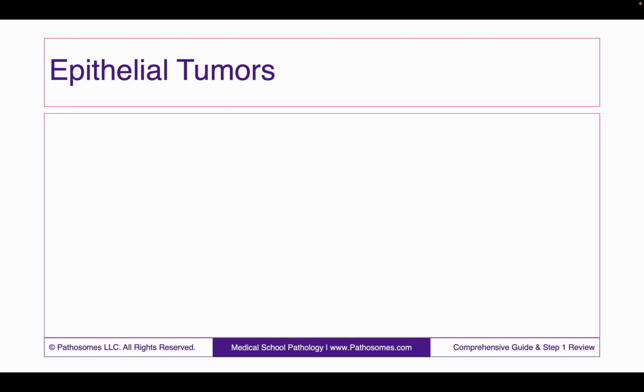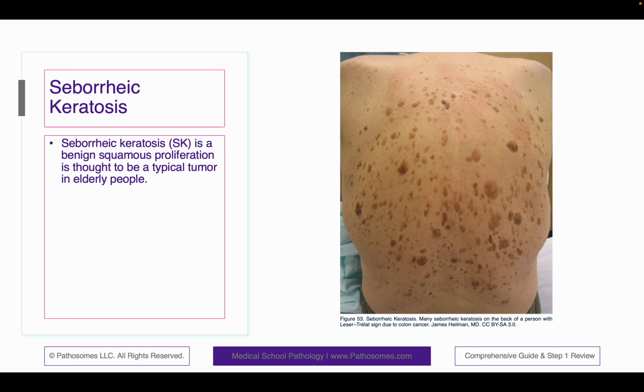Now let's discuss the epithelial tumors, starting with seborrheic keratosis. Now SK is a benign squamous proliferation that is thought to be a typical tumor in elderly people, as you can see here to the right on an elderly patient's back with numerous seborrheic keratoses.